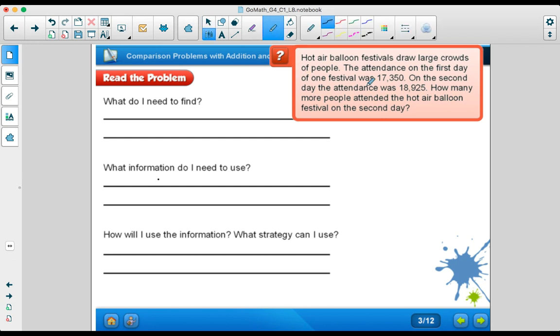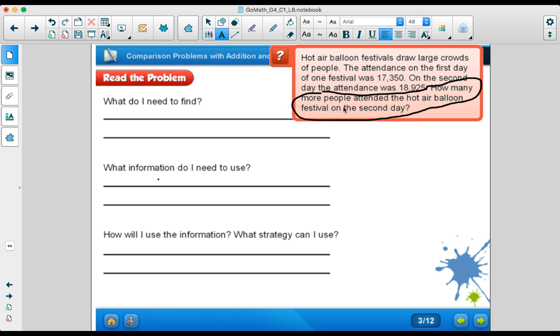Let's start with how many more people? Please circle that. What do I need to find? That's exactly what you need to find.